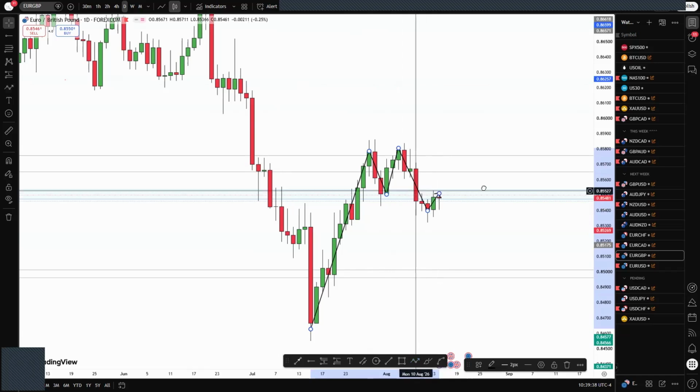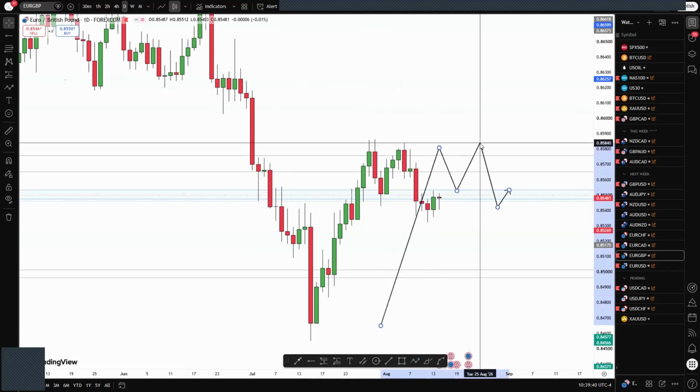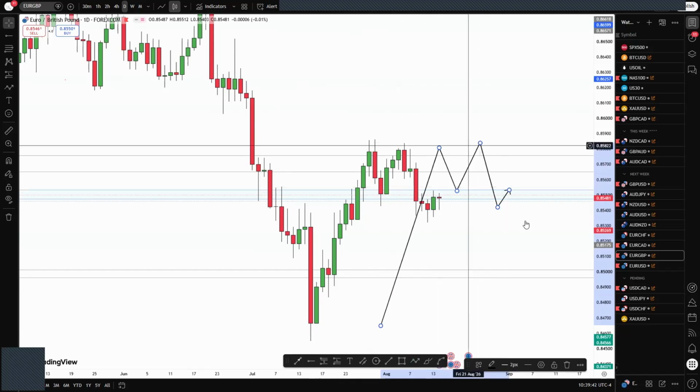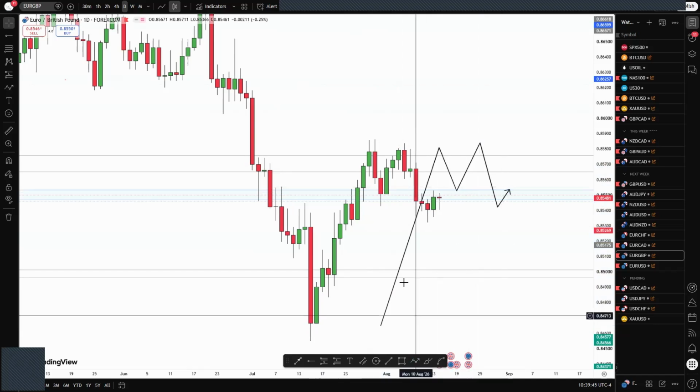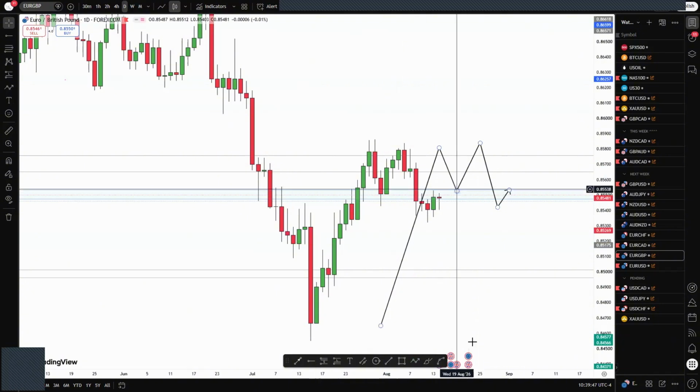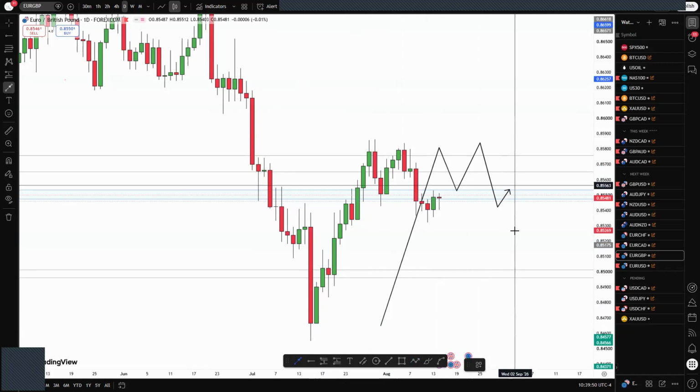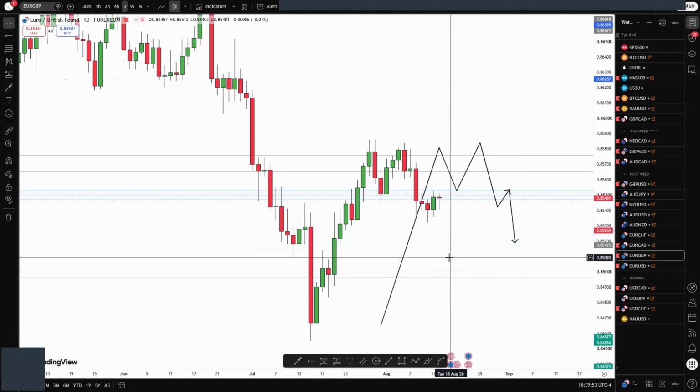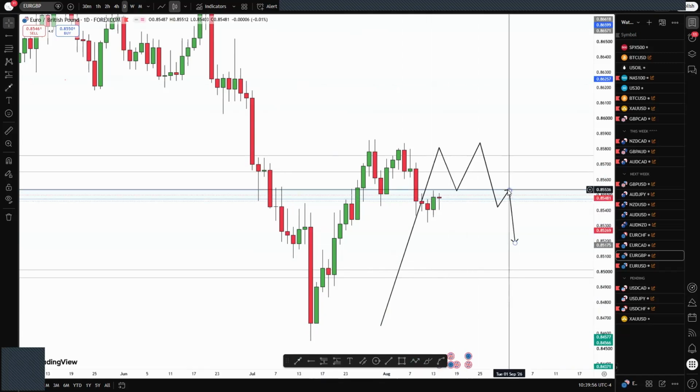This is what price has done. And in this case, what happens when price tests the pivot? We expect price to sell more, right? And this is where price is.